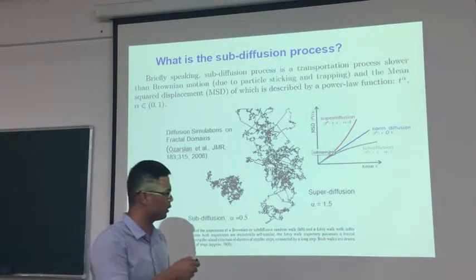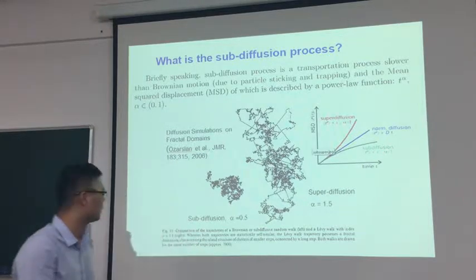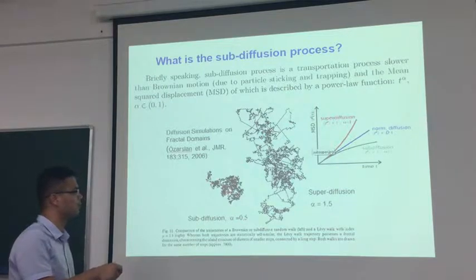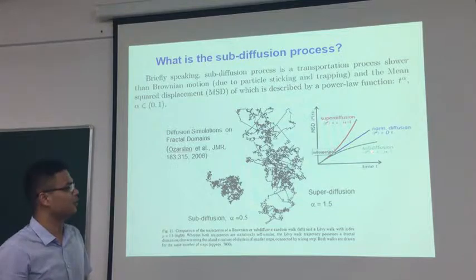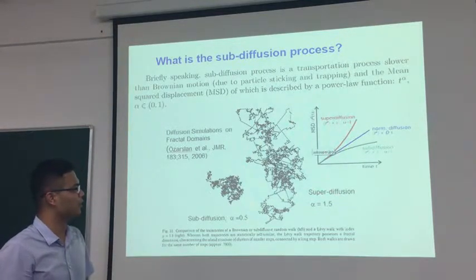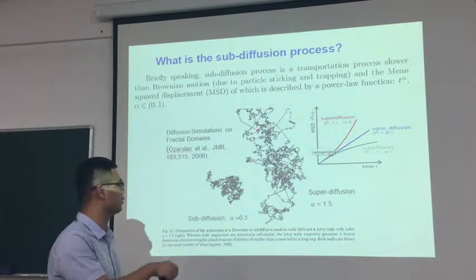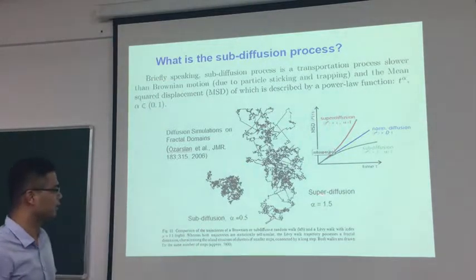The order of its MSD is less than 1. For example, when alpha is equal to 0.5, it looks like this, which diffuses slower than Brownian motion. The other part is called superdiffusion, where the order of its MSD is bigger than 1. For example, when alpha is equal to 1.5, it looks like this, which diffuses quicker than Brownian motion.